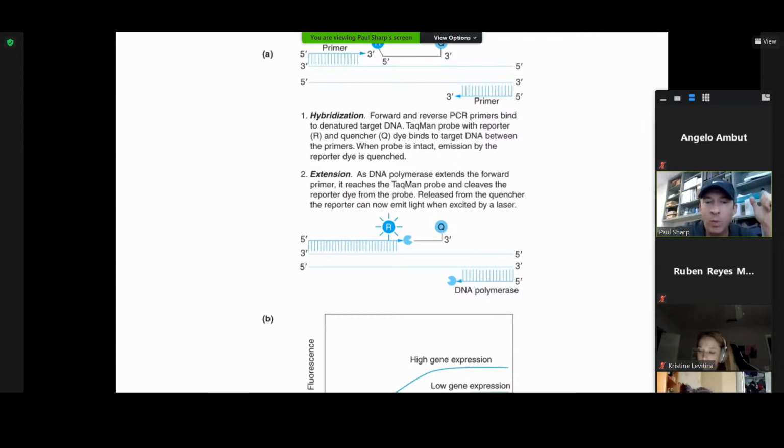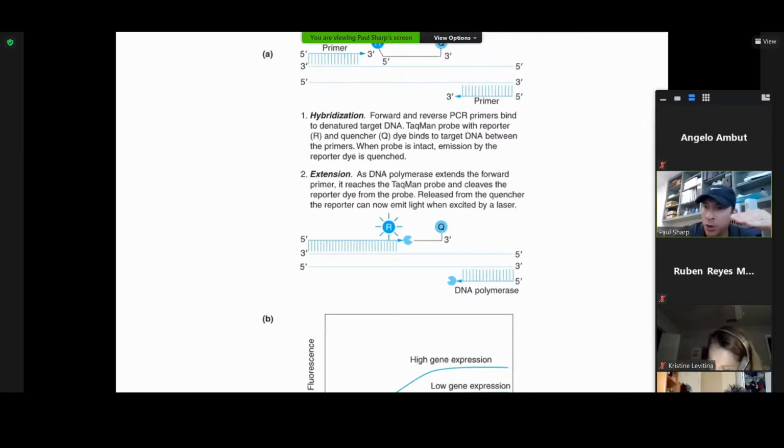And what we have in red is the threshold cycle. What the threshold means is that any fluorescence below the threshold, we're going to say is background noise, too faint to really be considered much of anything.